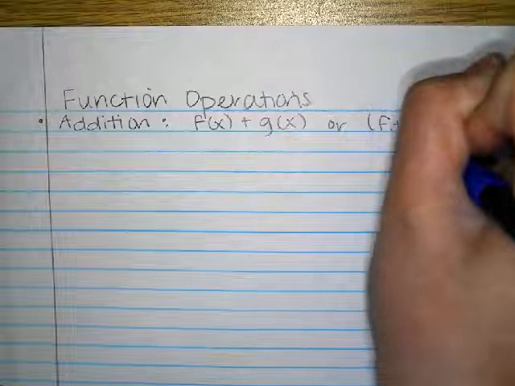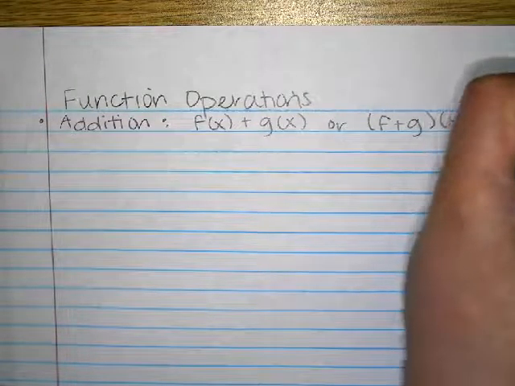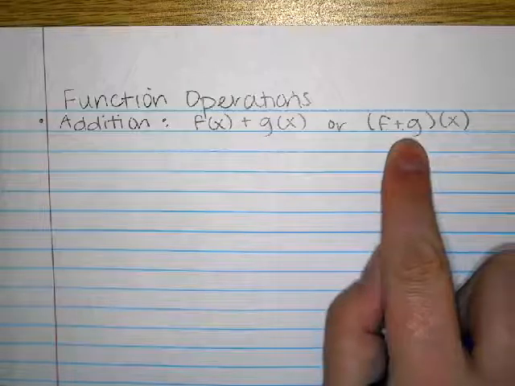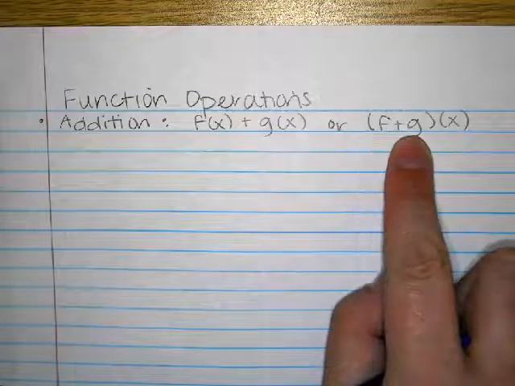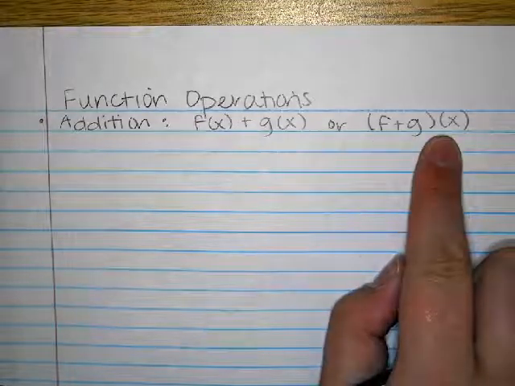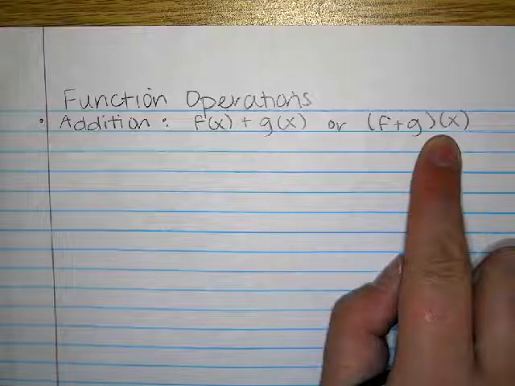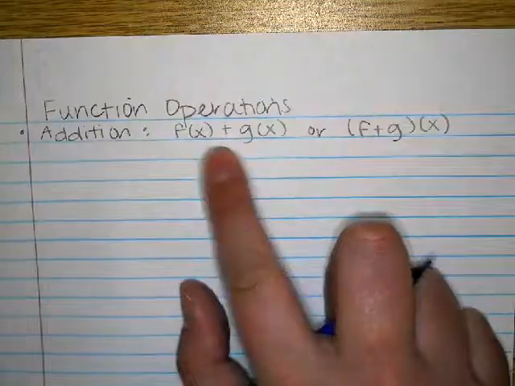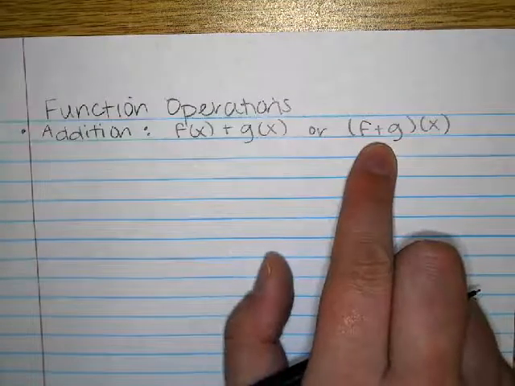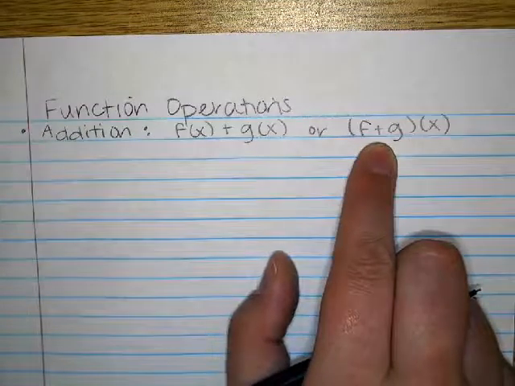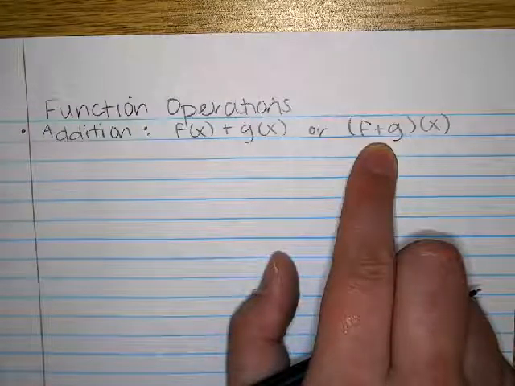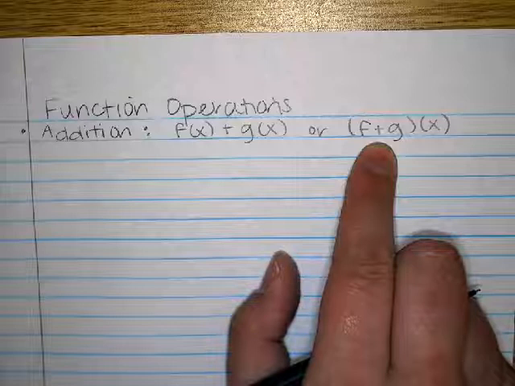A lot of times students think this means I should add f of x and g of x together and then multiply it by x, and that's not true. This is somebody being lazy and not wanting to write x twice. This is the shorthand version. This is the longhand version.